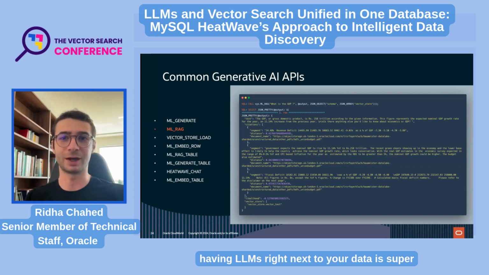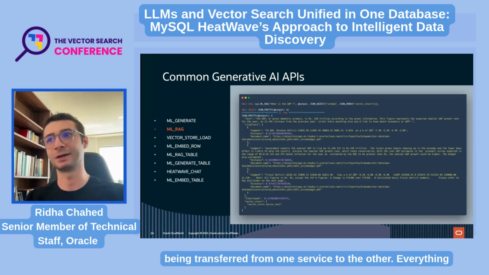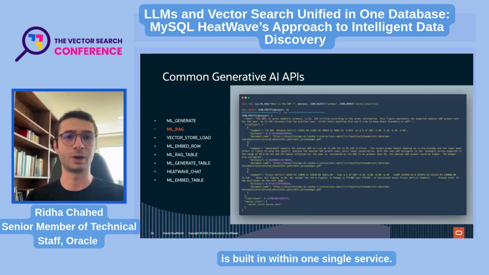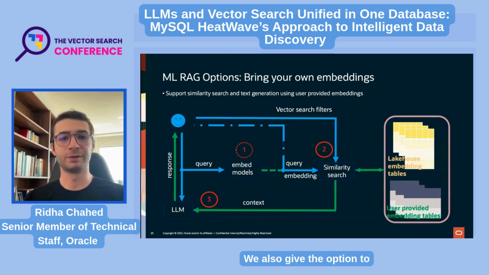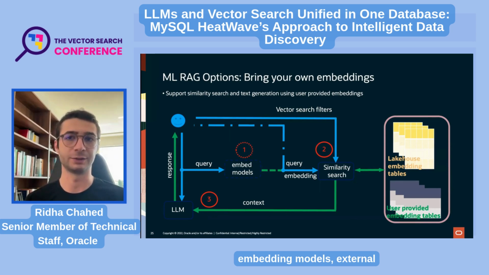Having LLMs right next to your data is super important. Rather than having your data transferred from one service to the other, everything is built within one single service. We also give the option to use RAG with external embedding models.